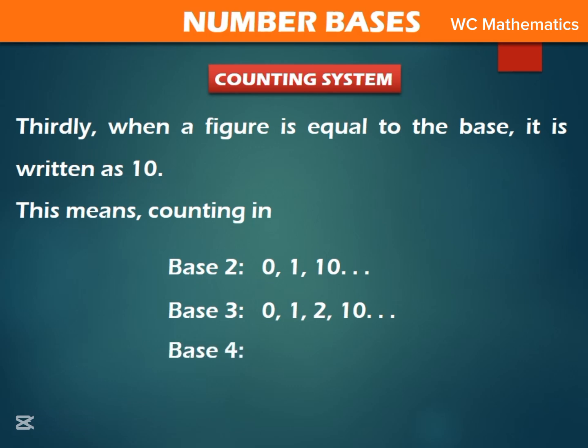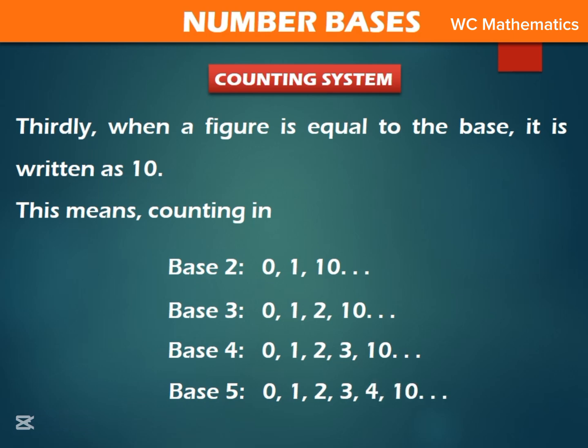Base 4 will be 0, 1, 2, 3, and 10. Base 5 will be 0, 1, 2, 3, 4, 10. And base 6 will be 0, 1, 2, 3, 4, 5, and 10. And so forth and so on.